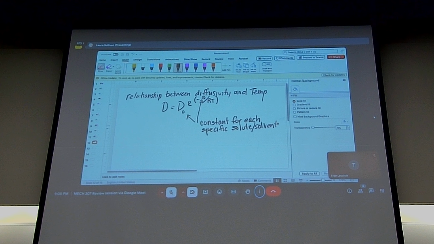How does that vary with temperature? That's what this equation tells you. So there can be questions that involve solving for one unknown from that equation.